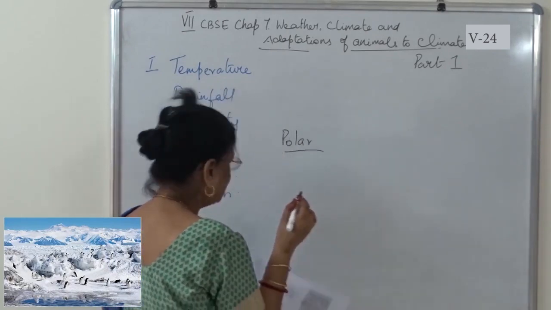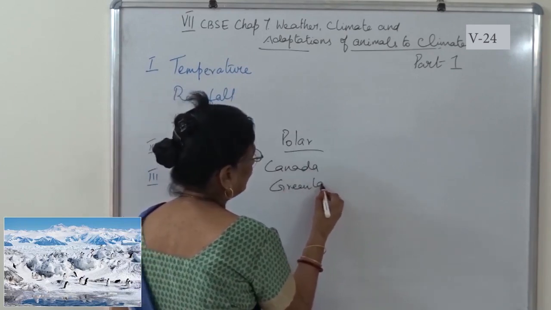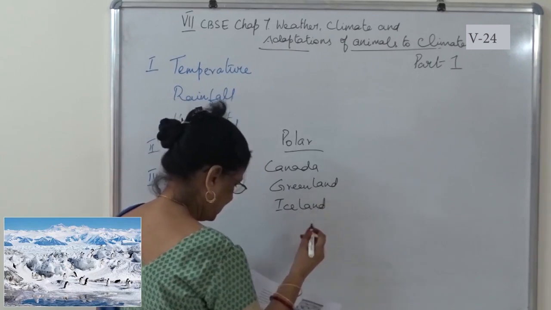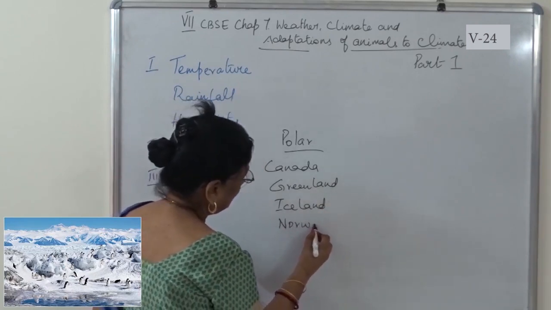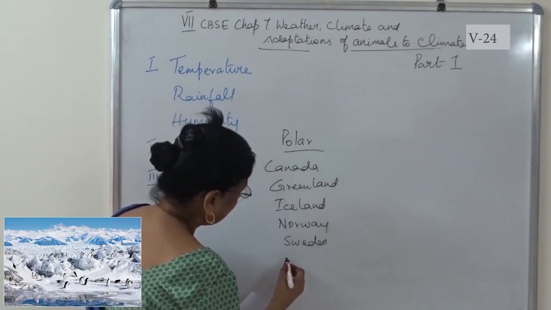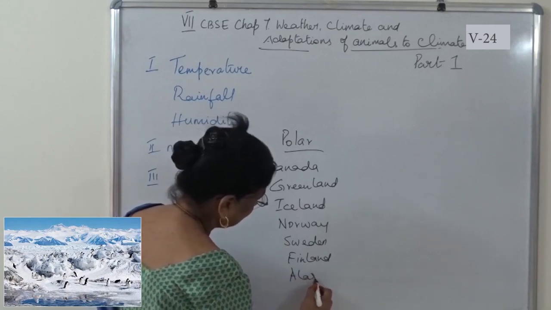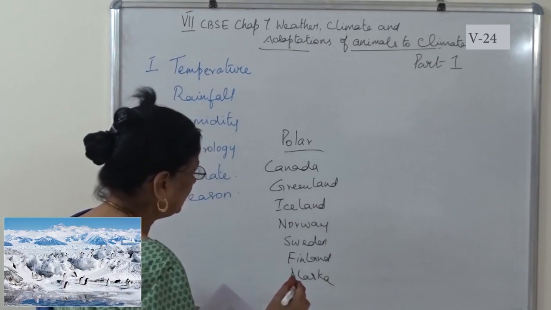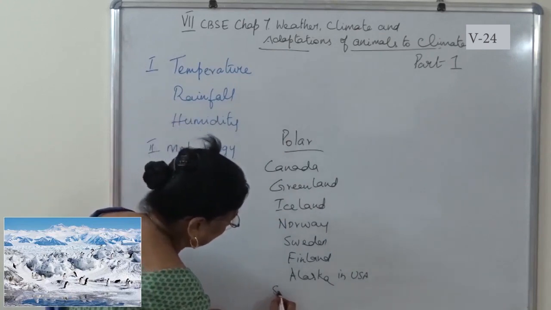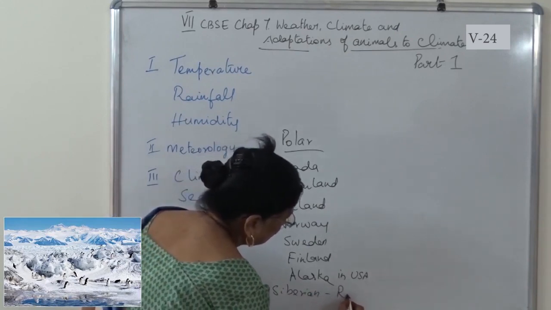Now in these polar and tropical regions, we find the places. Polar regions are like Canada, Greenland, Iceland, Norway, Sweden, Finland, Alaska in USA, and the Siberian region of Russia.